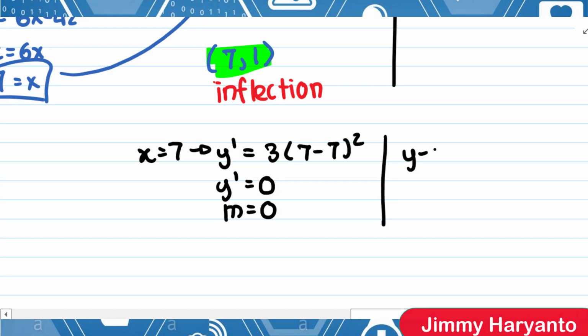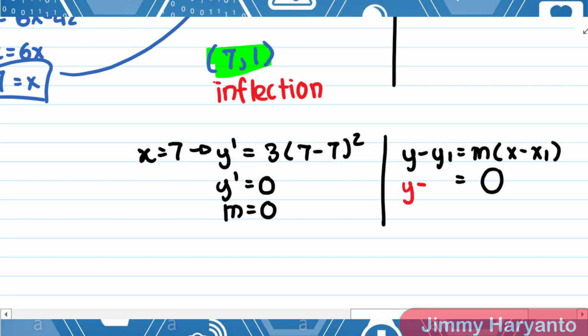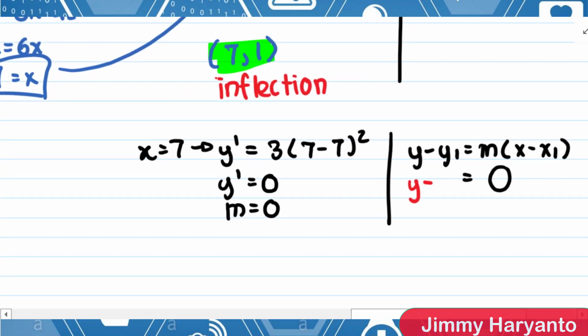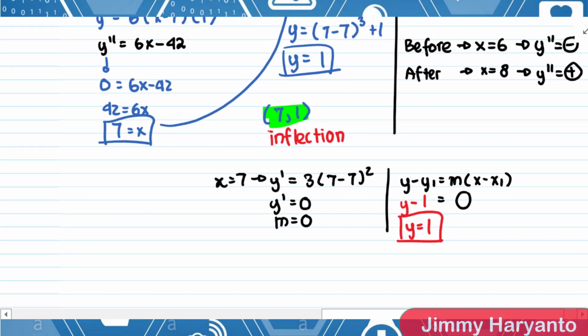Using the formula, y minus y1 equals m in the bracket x minus x1. For this one, it doesn't matter because the gradient is 0, so I will write 0 right there. The y1 is 1. So you have y equals 1 as the equation of the line.